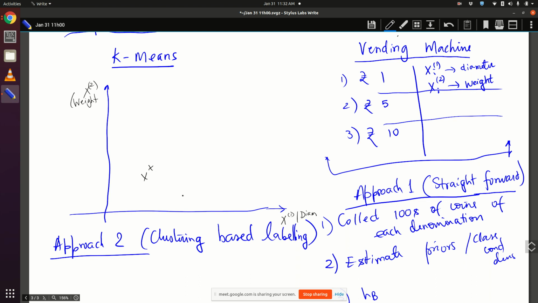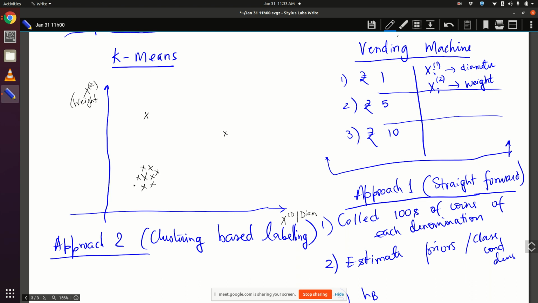The next coin is, let's say, 5 rupees. It has roughly the same diameter, but the weight is considerably more, so you will have 5 rupees here. Then you will get a 10 rupee coin, which has higher diameter, and the weight could be similar or maybe slightly less than the 5 rupee, right? So you will have a point here. This is the 10 rupee, and you keep doing this.